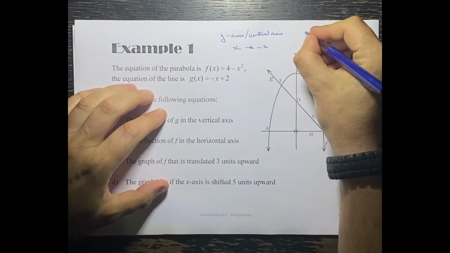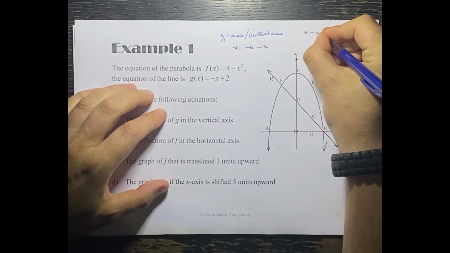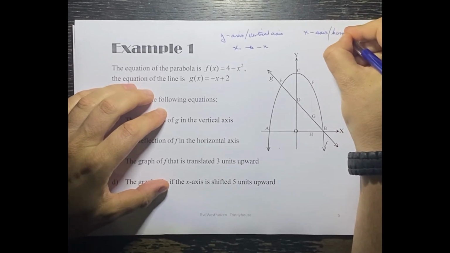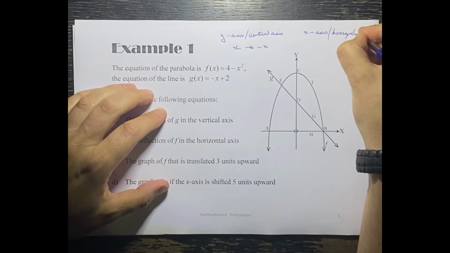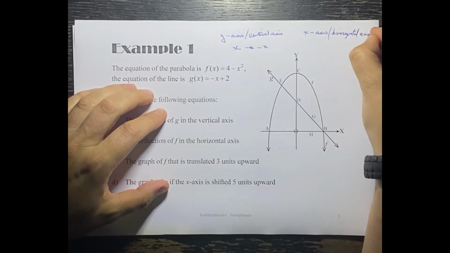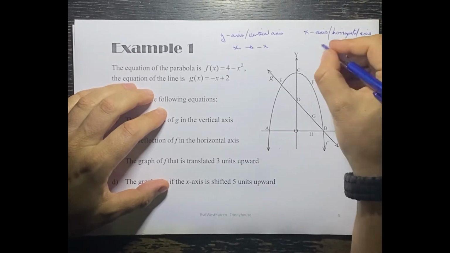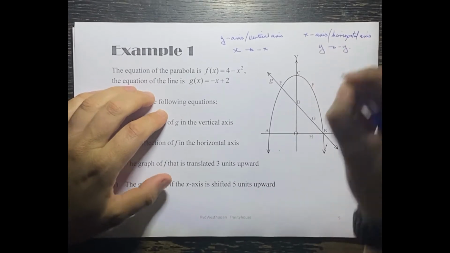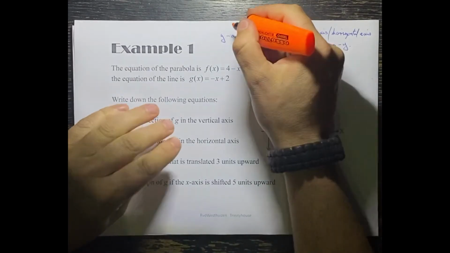If you're flipping something in the x-axis or the horizontal axis, then your y will change its sign. So y will go to minus y. Okay, so those are just the rules that you need to know.